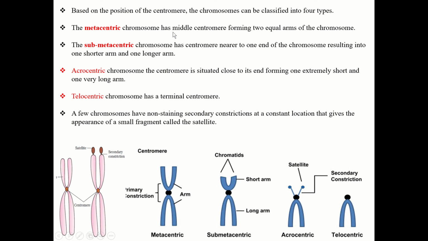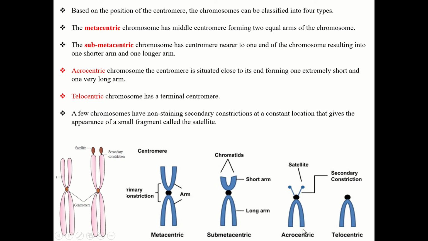The metacentric chromosome has a middle centromere, so the arms are equal. The submetacentric chromosome has the centromere near one end of the chromosome, resulting in 1 short arm and 1 long arm. So it is called the submetacentric.